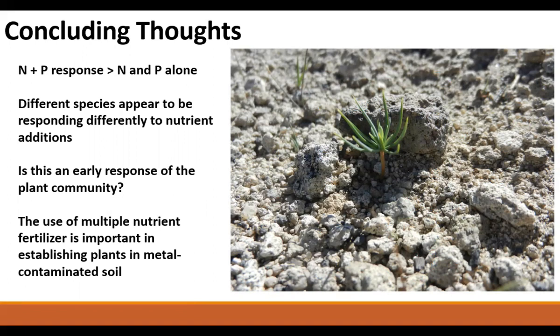The question we've been talking about is whether this is just an early response in the plant community. Do they need P to get started, and then over time nitrogen plays a bigger role? We don't know, but we set this up for 5 years, so it's not really long, but it's long enough to at least pick up some of these responses with grasses.